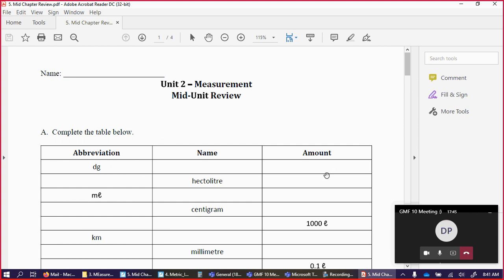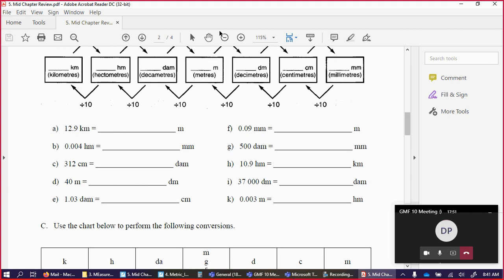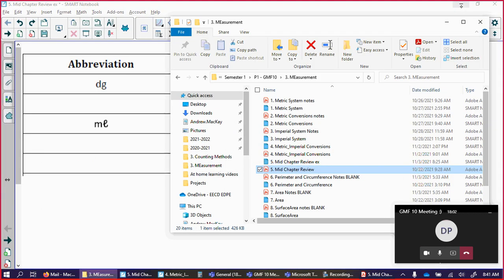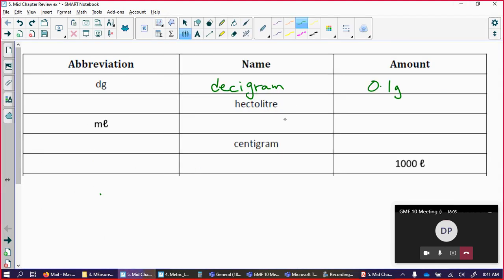The conversion table that we've been using, if we fill that in. Hectoliters, the abbreviation is HL. I totally messed up those ones. It's 10, 100, and 1,000, but in terms of grams, it's that. Little m, milliliter.